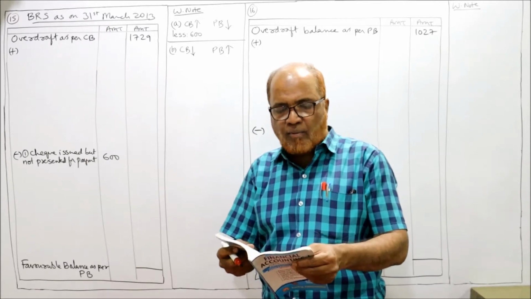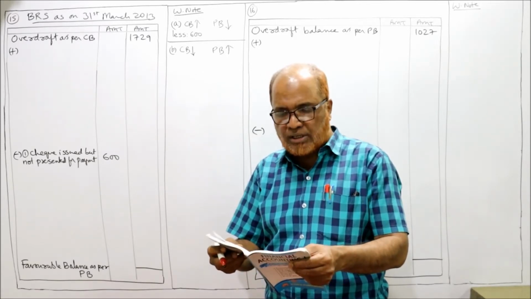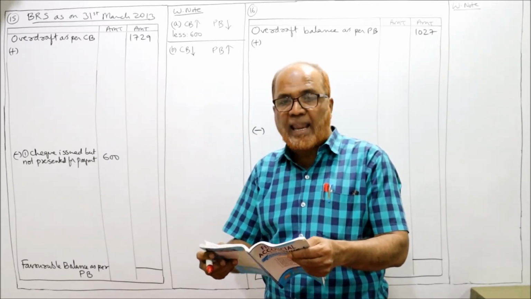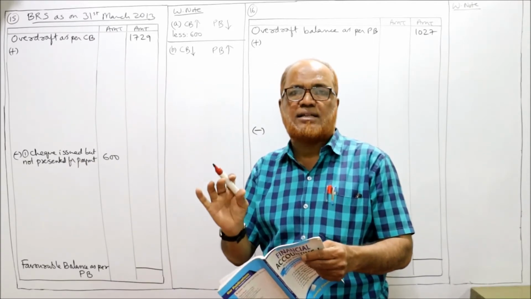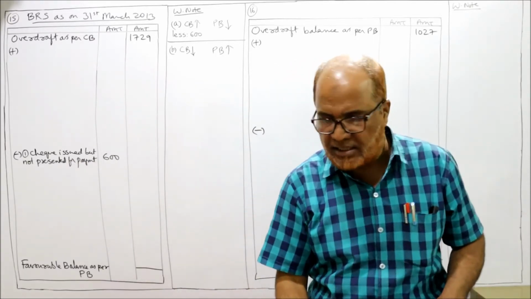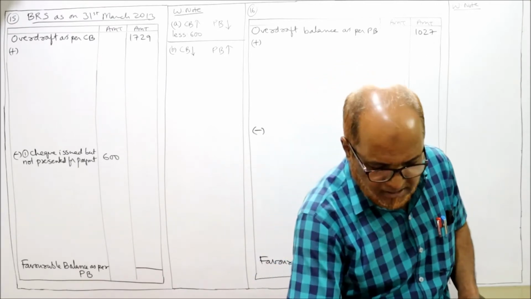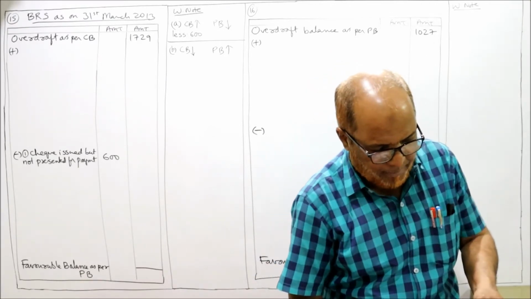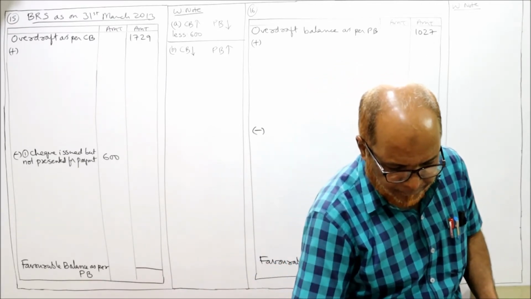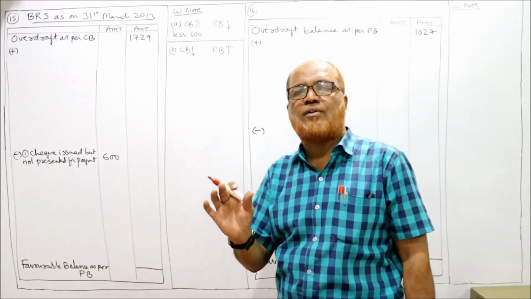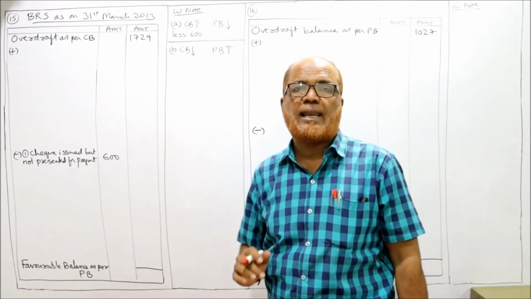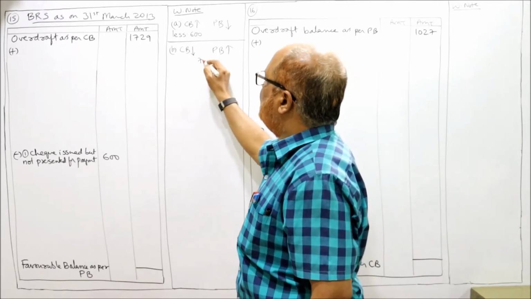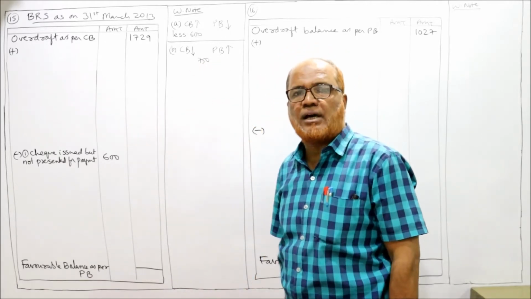So 1680 minus 930, 750 rupees worth of checks were not collected by the bank.